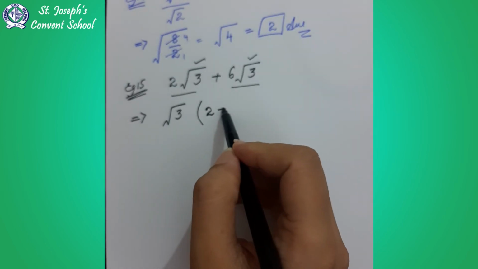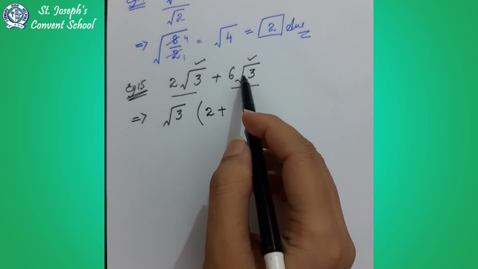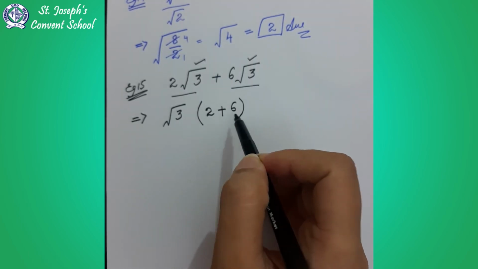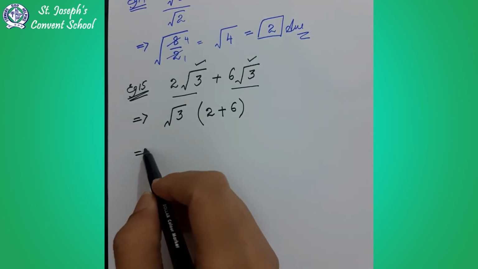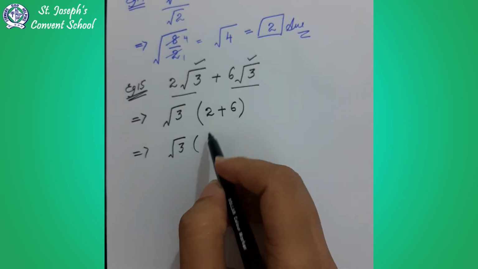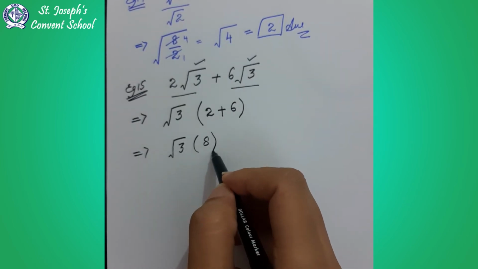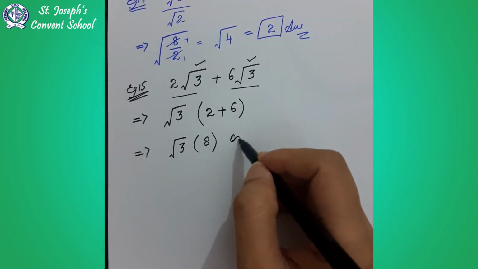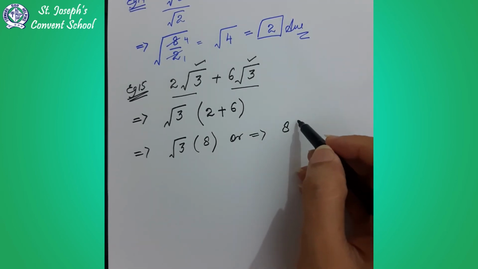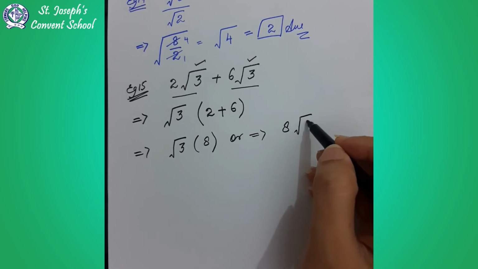Plus sign. Root 3 is common, remaining term is 6. So it is under root 3 times 6 plus 2, which is 8. So we write 8 before the root sign: 8 under root 3.